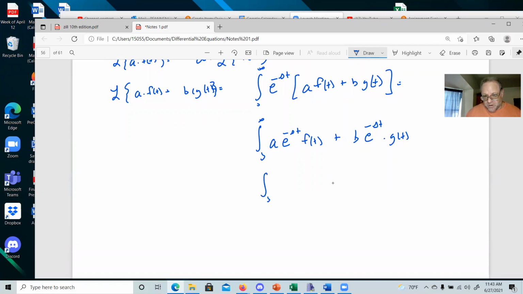So that's going to be the integral from 0 to infinity of a e to the negative st f of t dt, plus the integral from 0 to infinity of b e to the negative st times g of t dt.